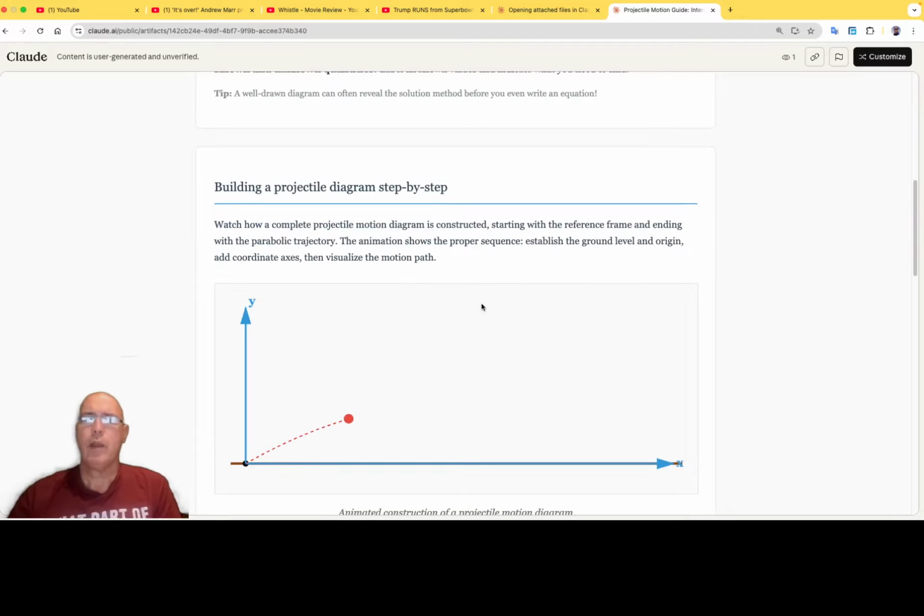Now if we look at how we build those axes and how they relate to the motion, we take a point from where the object is moving. Let's mark that with a black dot.